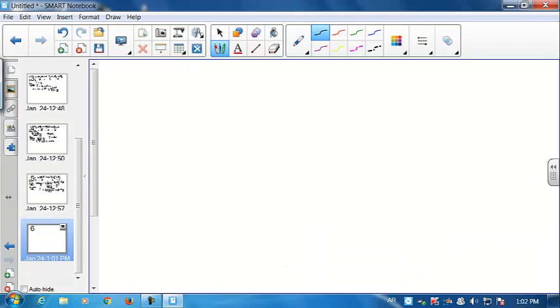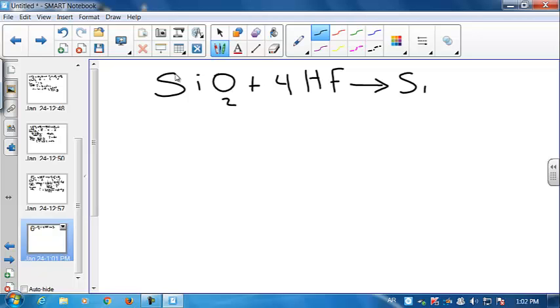For example, if I have silicon dioxide plus 4 HF, hydrogen fluoride, they will react to give silicon fluoride and water. And here I think the equation is balanced.